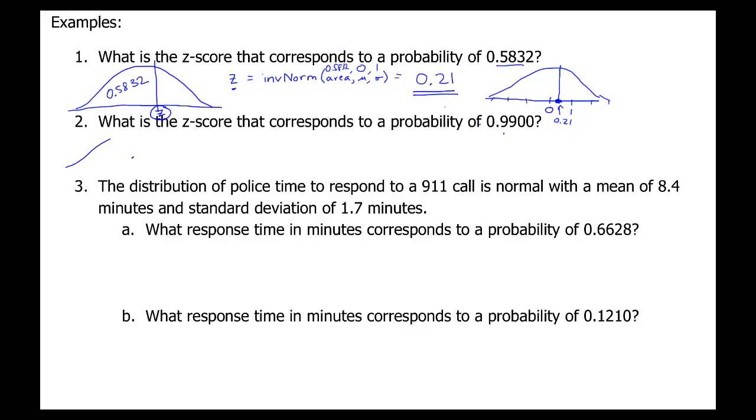So number 2, we want a z-score that corresponds to a probability of 0.99. So that would be way out here. So the whole area here is 0.9900. We want to know what this value of z is that corresponds to that.